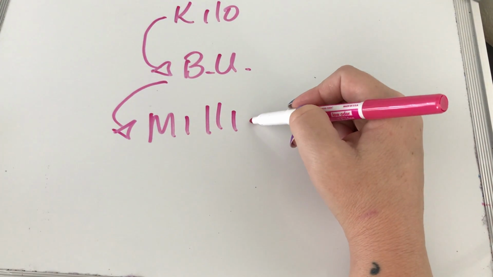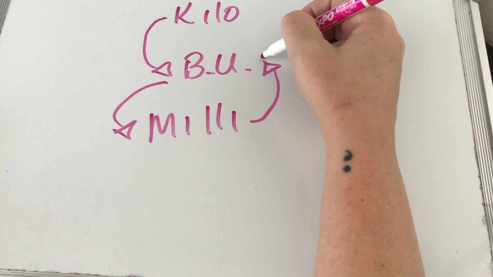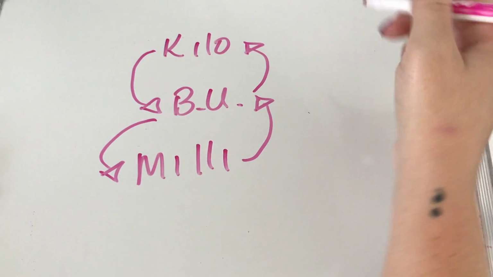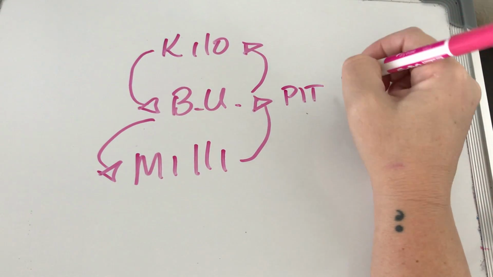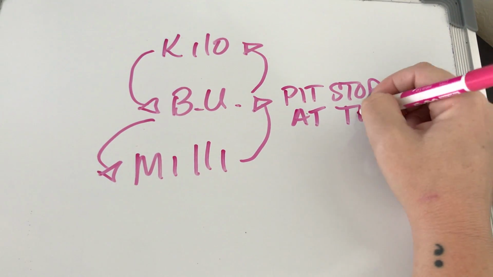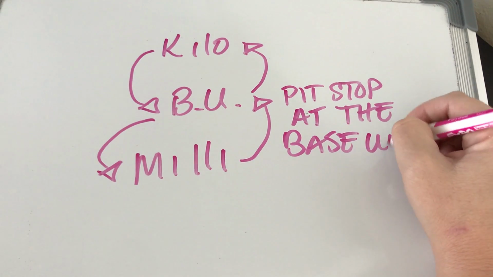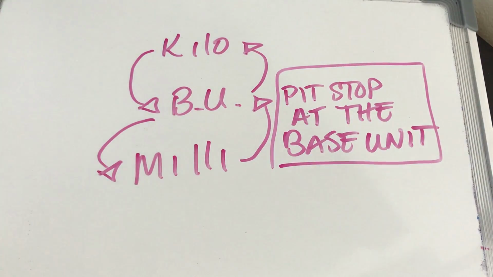Or vice versa. So say you're going from milli, you would go to the base unit and then you would go to kilo, right? So you always want to make sure that you're making a pit stop at the base unit. Does that make sense? Cool.